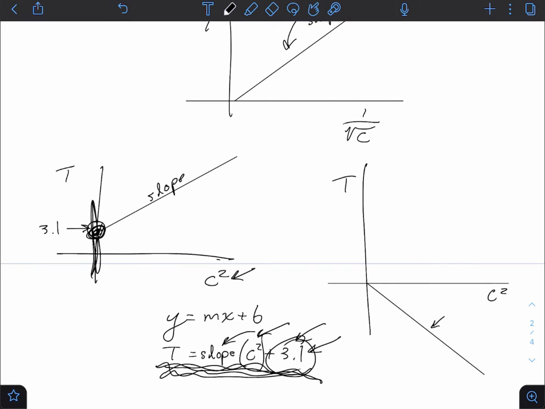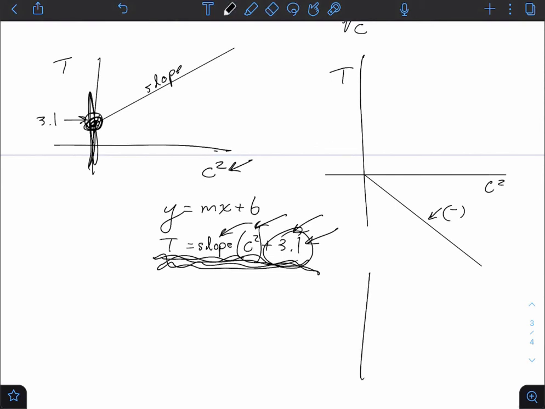You would see it in the first graph, but regraph until upward and linear. So because it's negative, I would regraph, and I'll erase this. If it's negative, you would regraph t versus negative c squared.